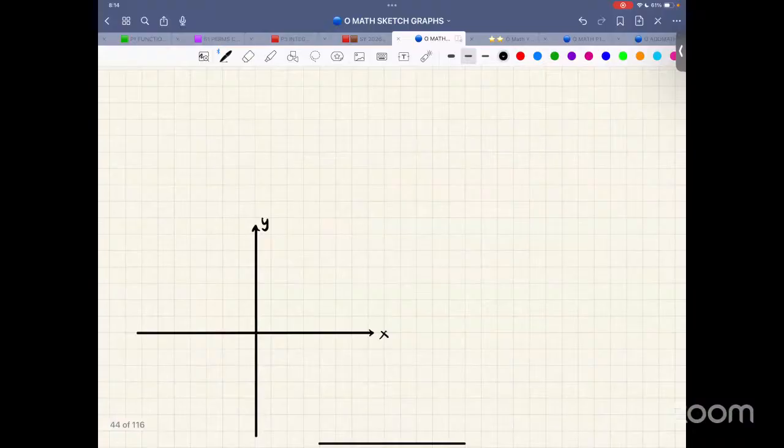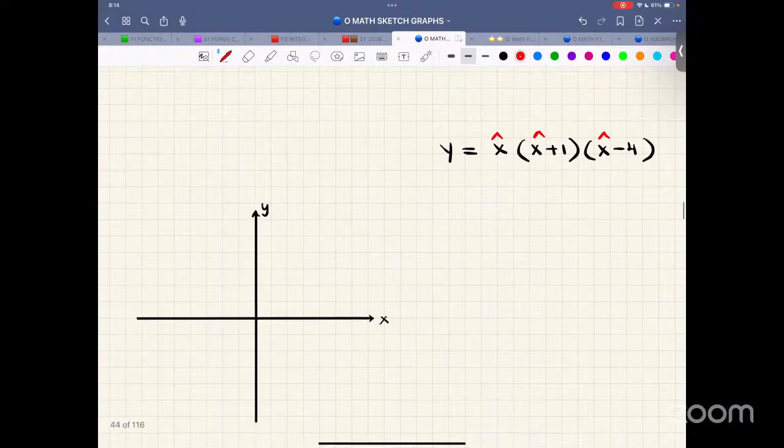Now I'm already factorizing it for you. y equals x(x plus 1)(x minus 4). So now over here, again, x is positive, x is positive, x is positive. The coefficient of x cubed is positive. That's the first thing. That means top right, bottom left.